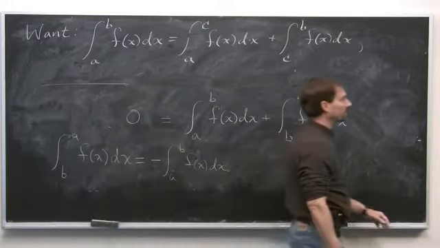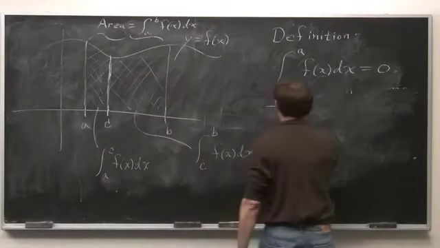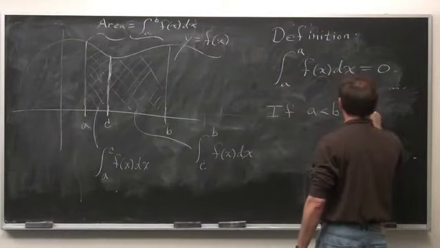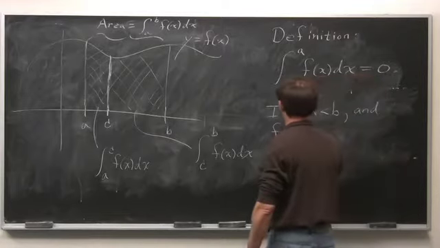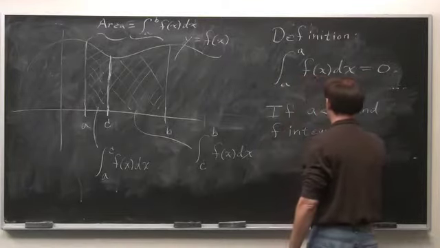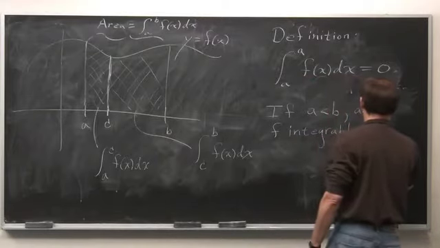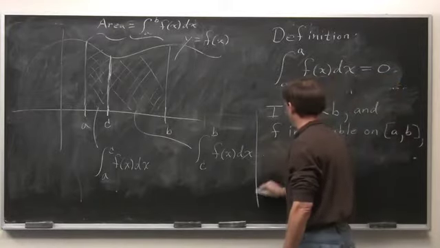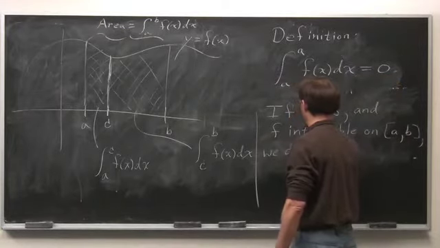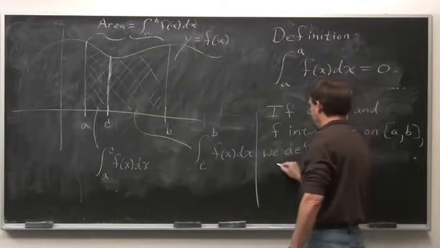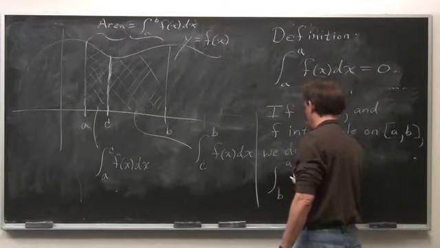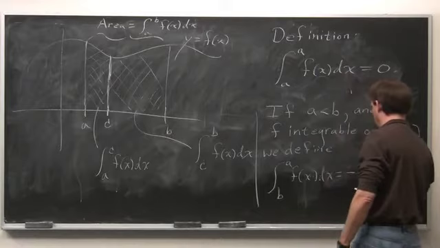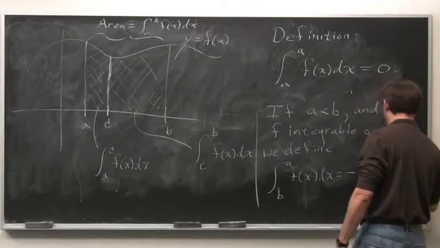This is how we define things: if a is less than b and f is integrable on [a, b], we define the integral from b to a of f of x dx to be negative the integral from a to b of f of x dx.